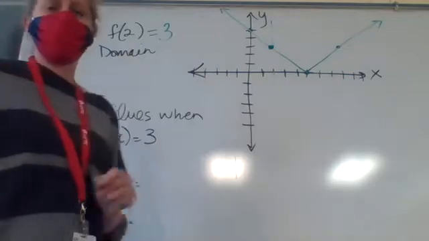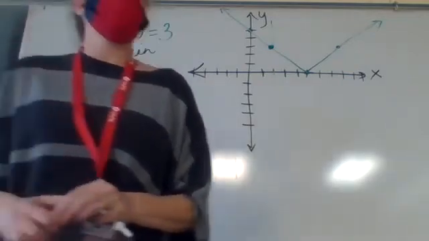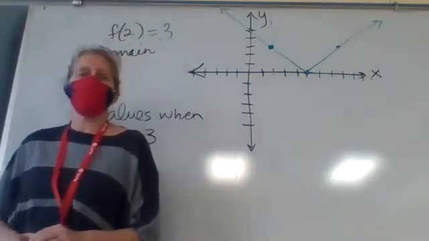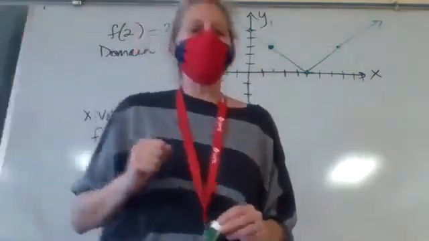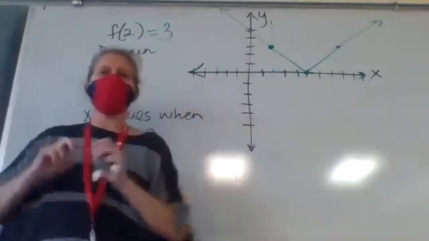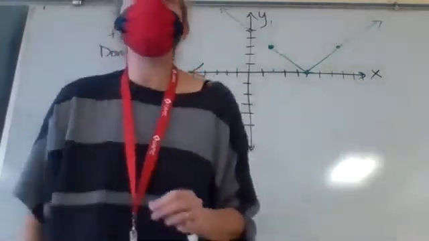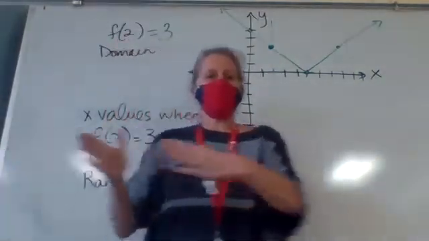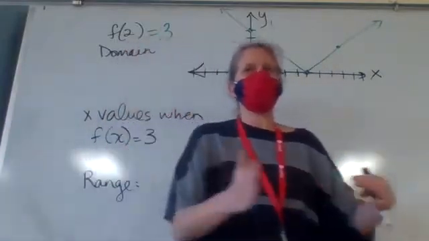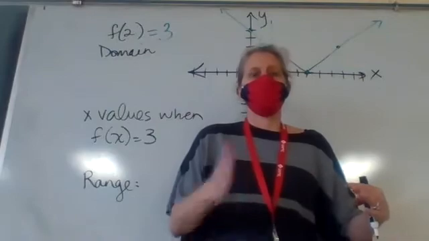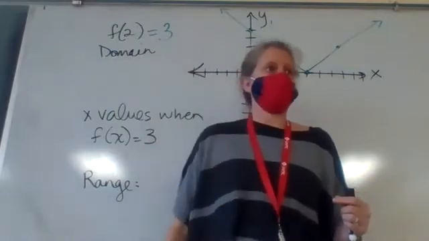Domain. What does domain mean? x values. Now, this one's not separate points. I can't just go to separate points on here and start naming x coordinates. This is a continuous graph. So now what we need to think about is how much of the x-axis is covered in this representation.